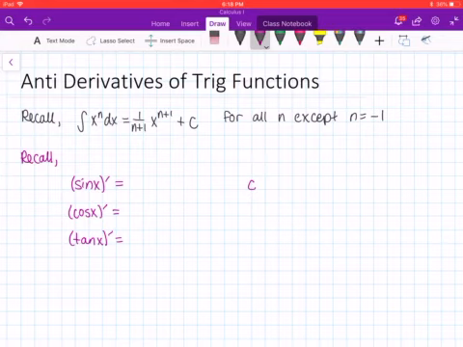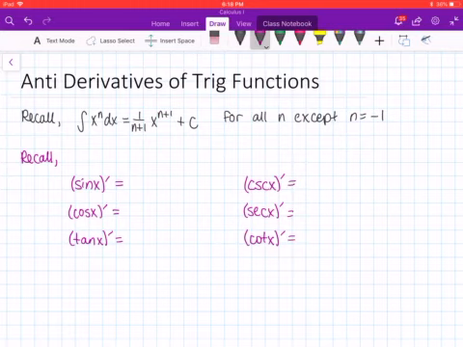And then we usually do cosecant x here, secant x, cotangent x. Alright, the derivative of sine was the nice one. It was cosine x. The derivative of cosine is negative sine x.